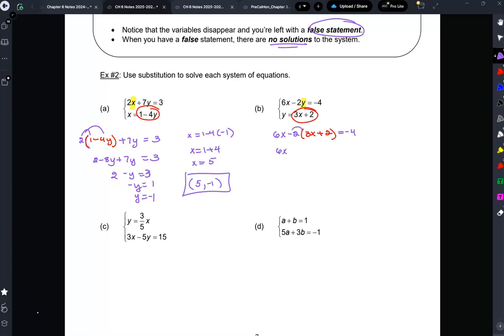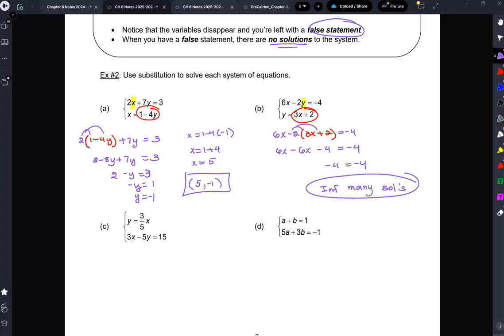So 6x minus 6x minus 4 is equal to negative 4. 6x minus 6x will become 0. So here I get negative 4 is equal to negative 4. How many solutions? Infinitely many.